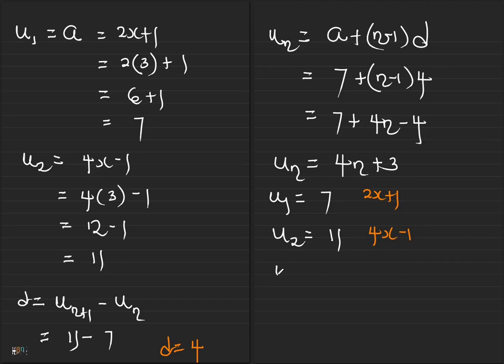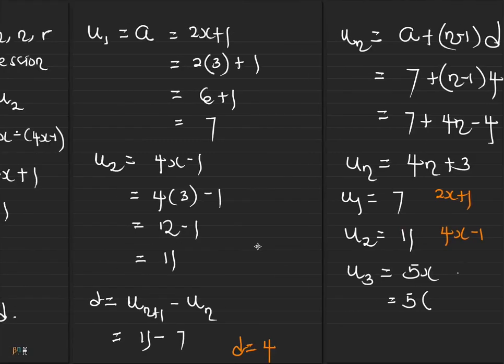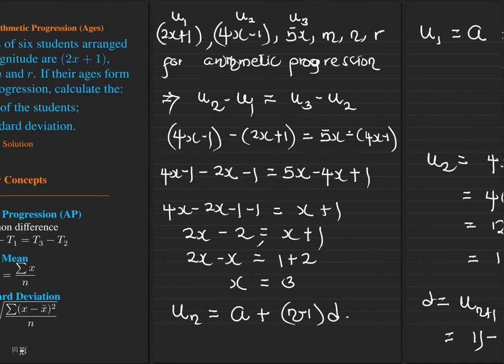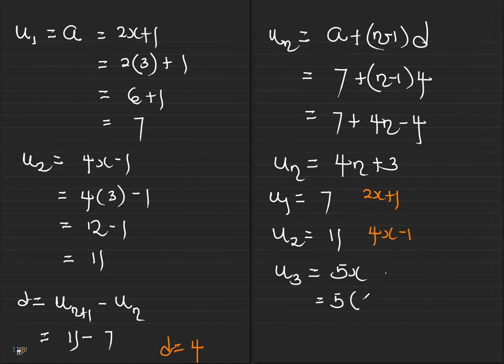Now for our third term, u3, it was given as 5x. So you can simply substitute 5 into bracket your x, and we had our x to be 3. So we put our 3 here, and that gives us 15. So that is our third term.